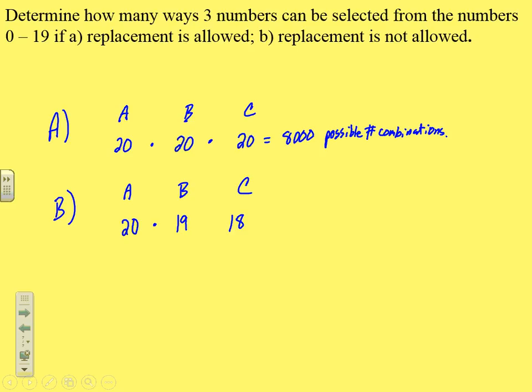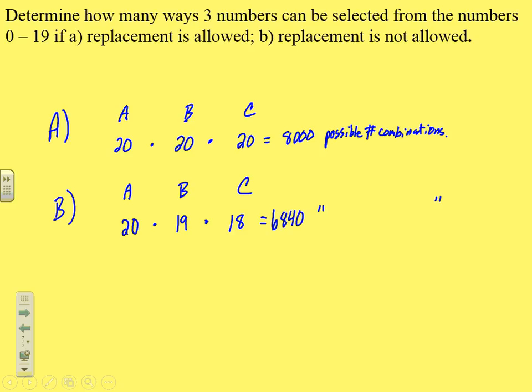So again, the fundamental principle of counting says, to find out how many possibilities there will be, we multiply those numbers together, and in this case we would have 6,840 possible number combinations.